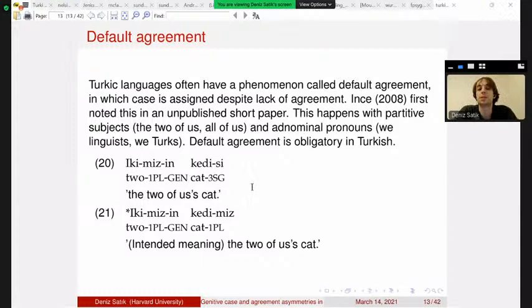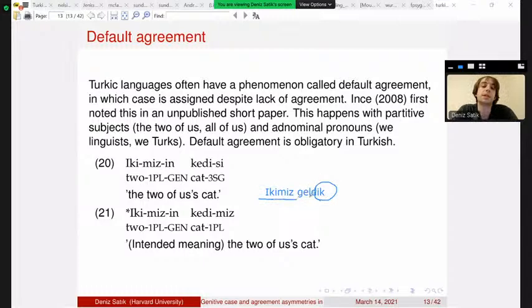I think I've neglected to mention here, or maybe it'll come up later in the talk, but I should probably still mention this just in case. So, biz ikimiz geldik. That's completely fine, right? The possibility of this indicates that this has first person plural features, so you have first person plural features on the verb here. The two of us came.